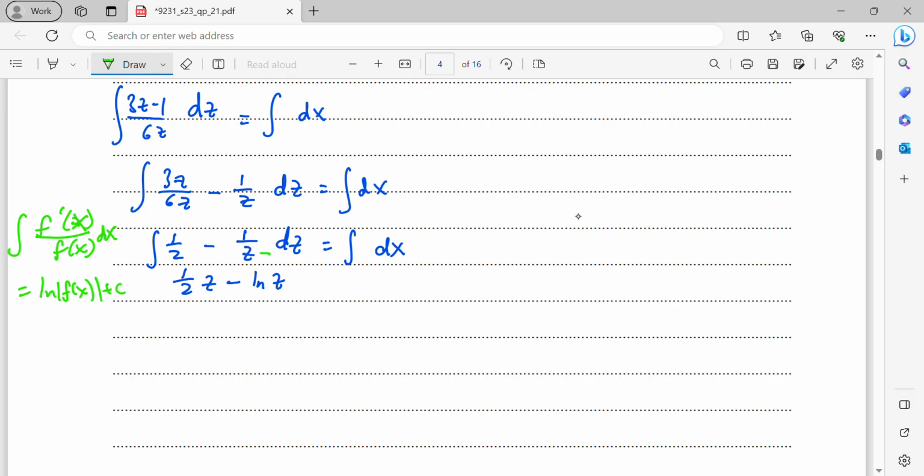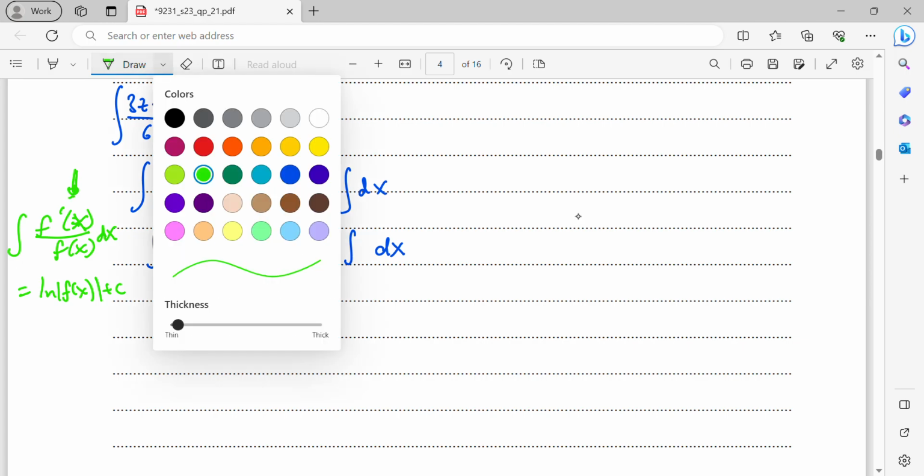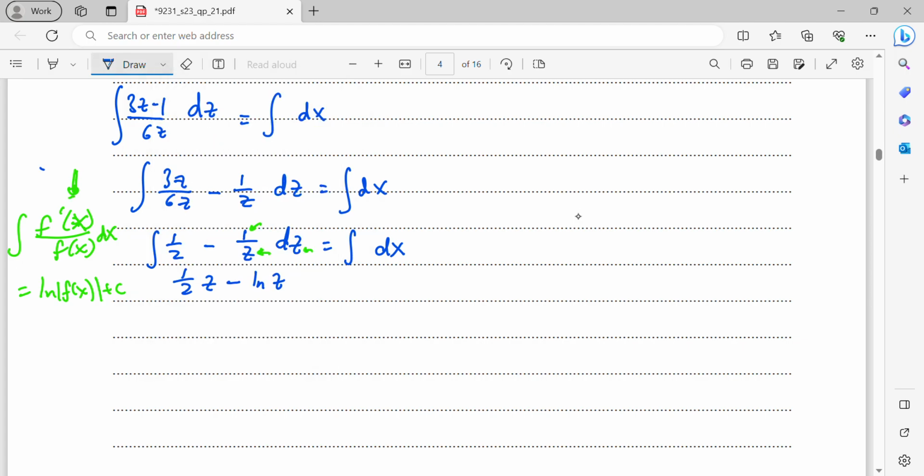When I differentiate z with respect to z, it will be 1 here, which is exactly the same as the numerator. Therefore, I will just write ln z. Supposedly there is a plus c, but since the right hand side also has no limits, this is an indefinite integral, so I will add c on the right side later on.